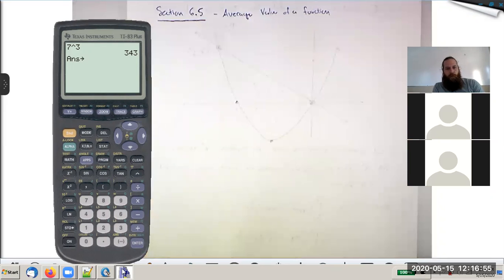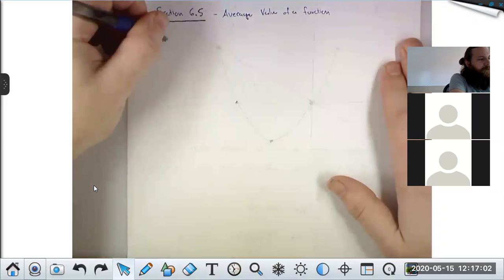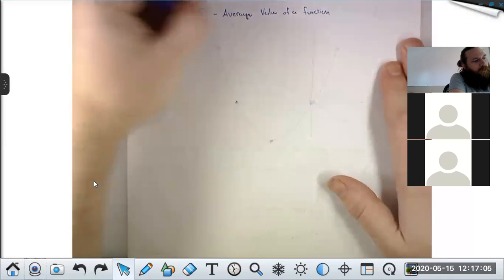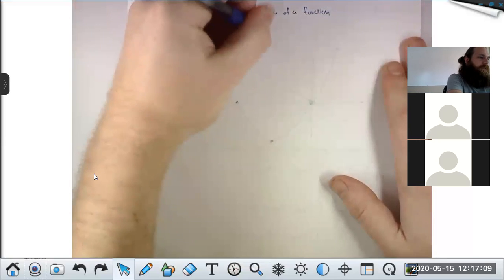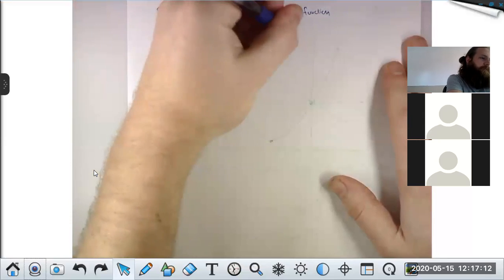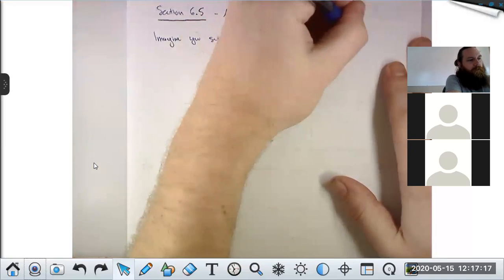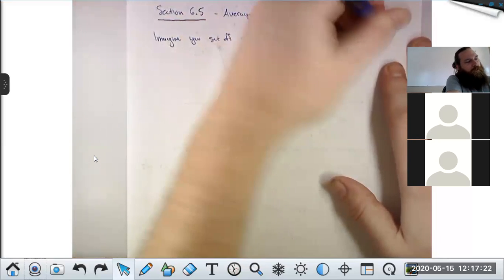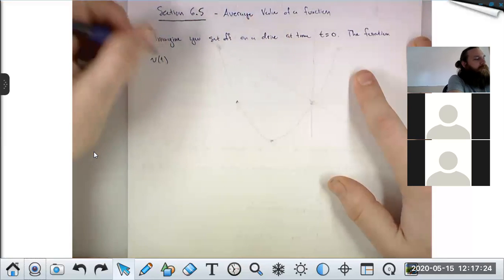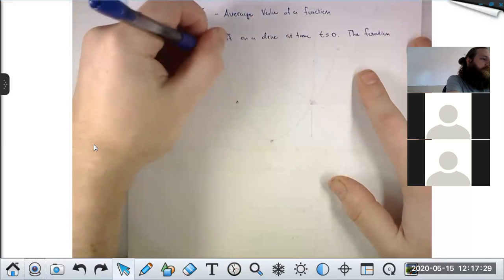Imagine I gave you a function that told you your speed along a journey. So imagine you set off on a drive. At time t equals 0. The function v of t records your speed. Let's call it your velocity.